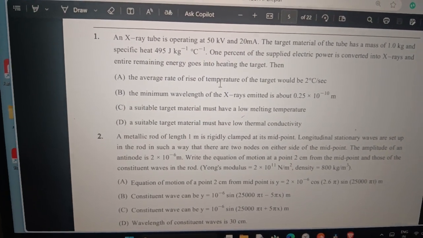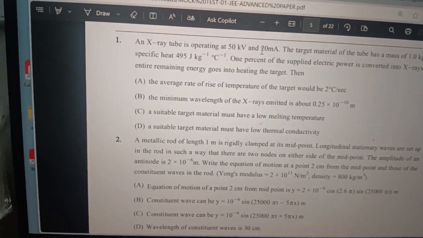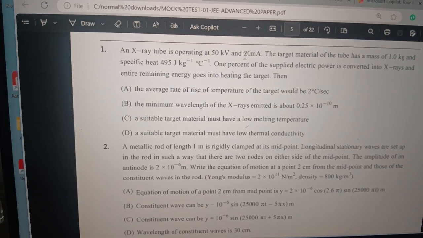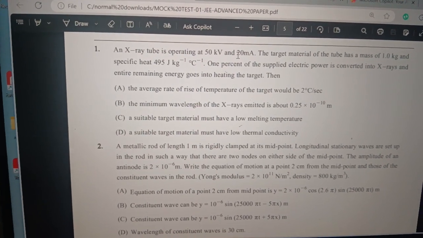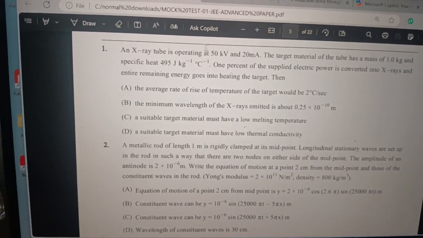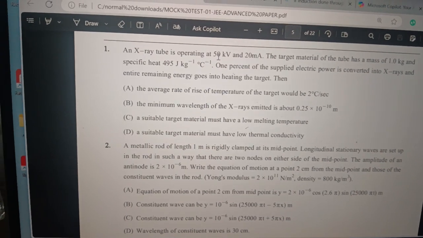Means from this current I can get to know the number of charged particles hitting the target in a unit time, and from this voltage I will get to know the kinetic energy of each electron.